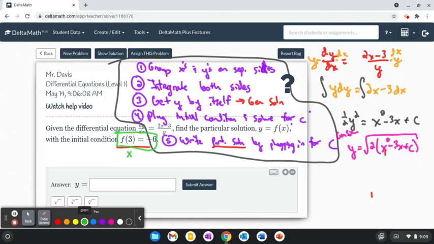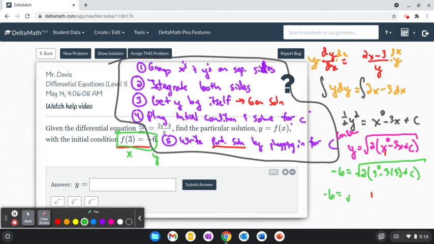Okay, now we're going to use our initial condition, which was f(3) equals negative 6. Remember, this is the x and this is the y, to solve for c. So we have negative 6 equals the square root of 2 times (3 squared minus 3 times 3 plus c). Let's go ahead and solve.